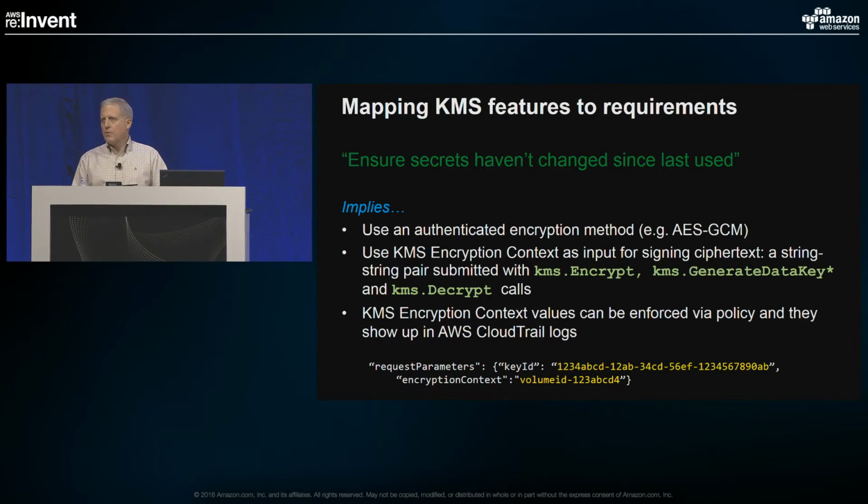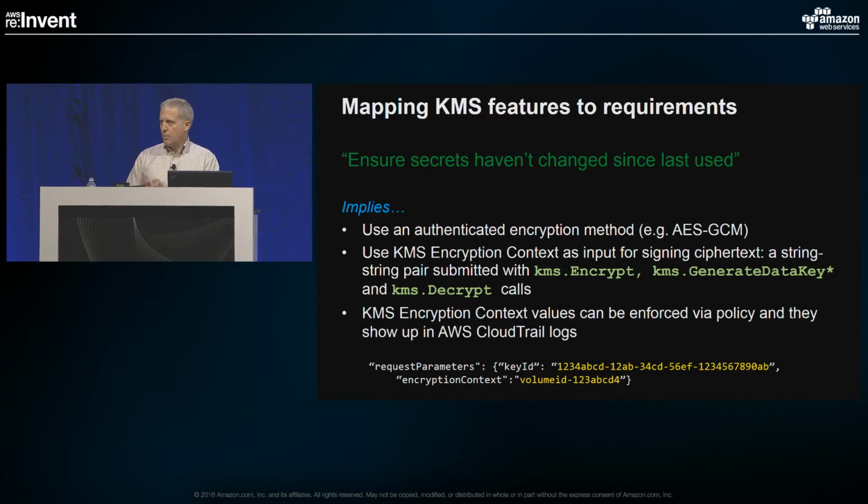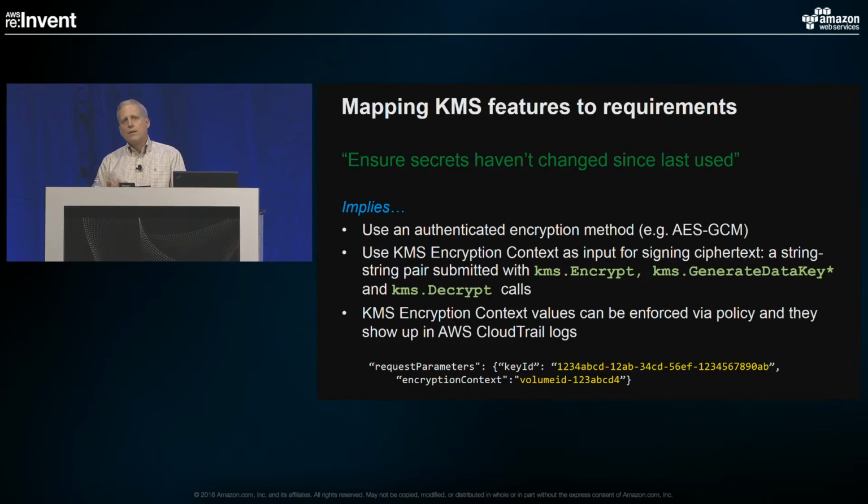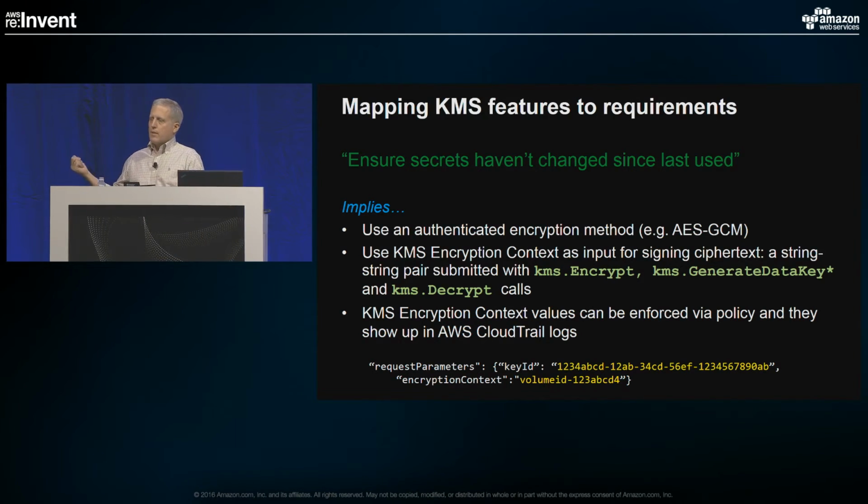This is the resource that you wanted to get encrypted. Now, the actual data key that encrypted that resource is hidden and transparent to you. But that data key itself was wrapped underneath the KMS master key. And you can see the key ID represented there. That's the generic identifier. But the encryption context now tells you why that master key was used.